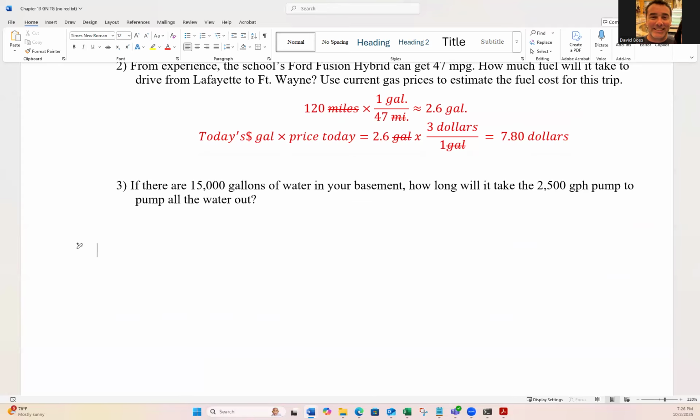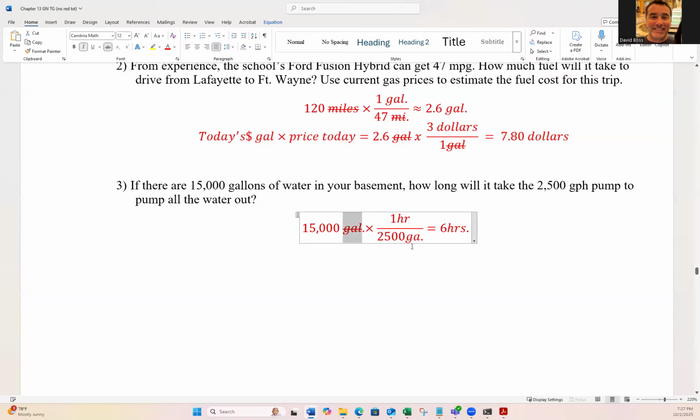All right, if there are 15,000 gallons of water in your basement, how long will it take the 2,500 gallon per hour pump to pump all the water out? So let's start with our 15,000 gallons. 2,500 gallons per hour, but we don't want 2,500 on top because gallons have to cancel out.